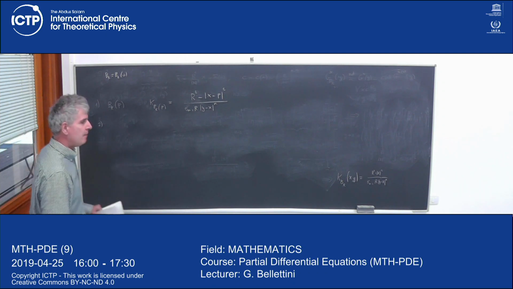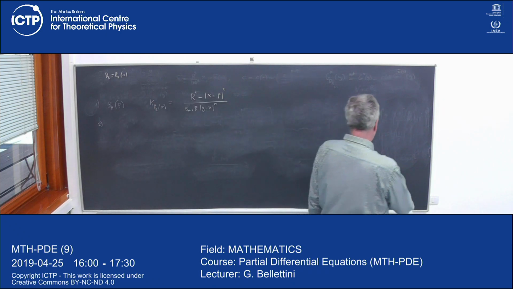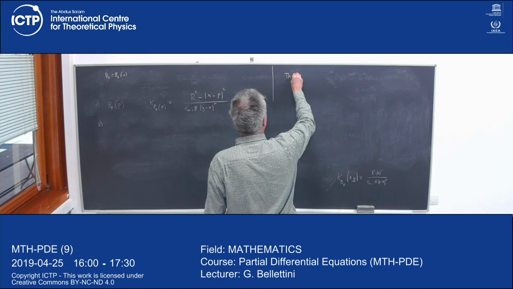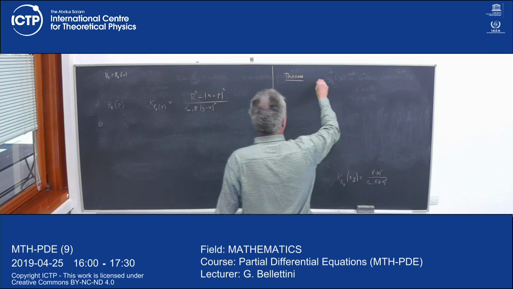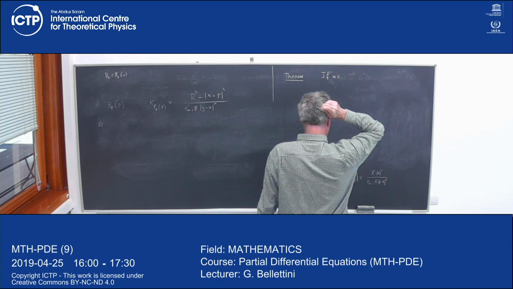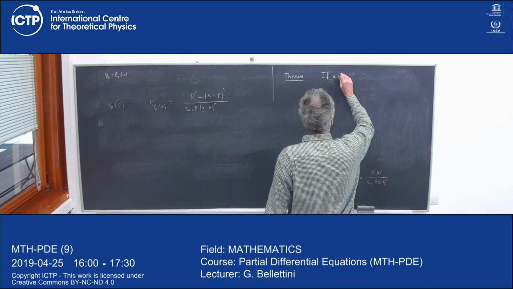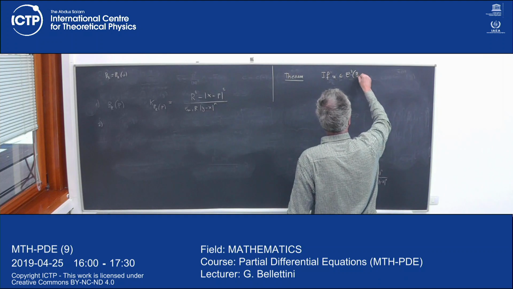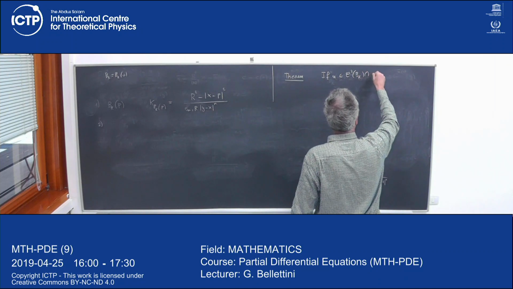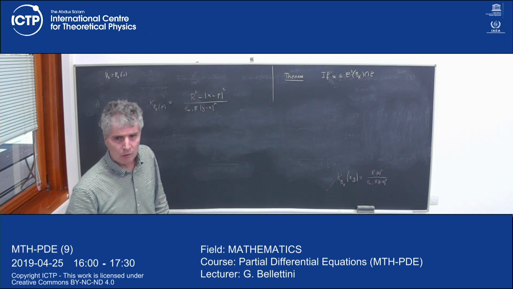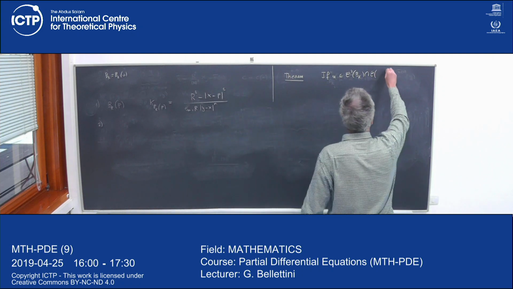So can we say something about the sign of this? I think that yesterday we showed the following theorem, right? Theorem. Say if u is harmonic, in, I don't remember how much regularity. Now, yesterday, how much regularity did I ask on u on the boundary?